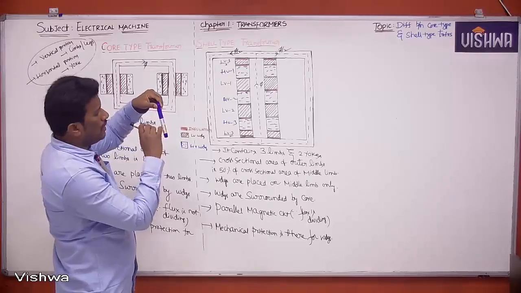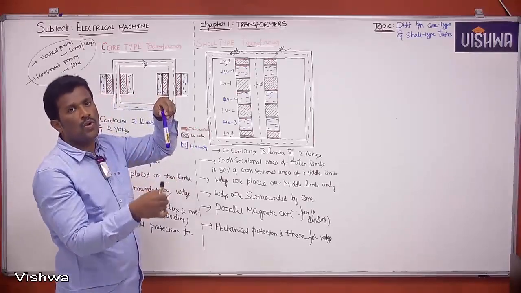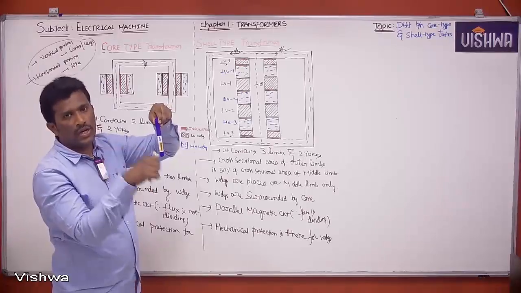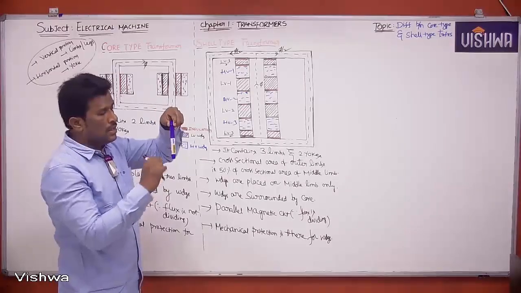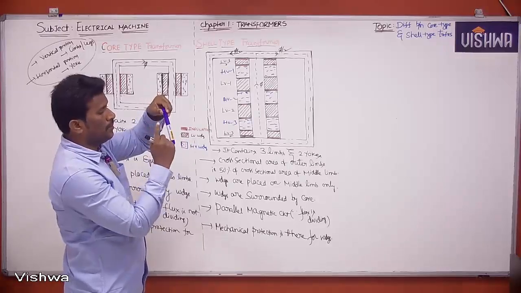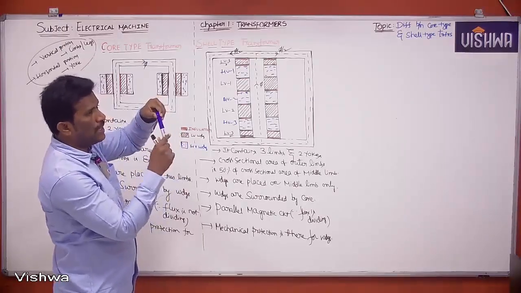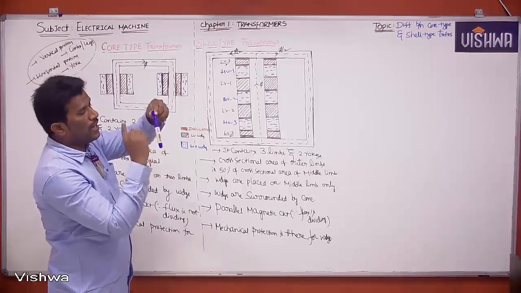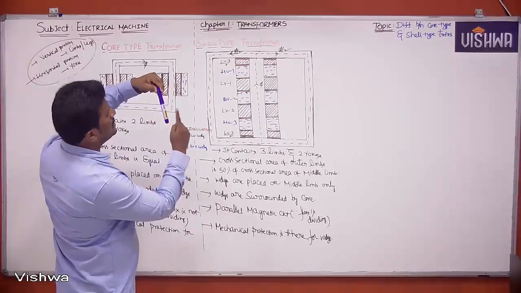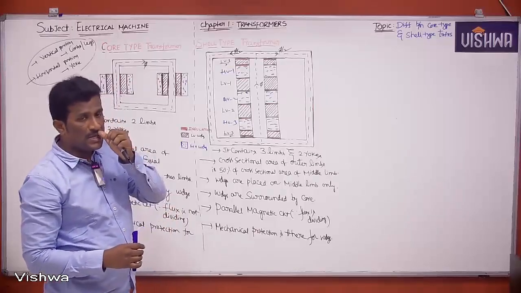Next, we'll provide a low voltage winding. Why we place low voltage winding only near the core, we'll discuss anyway. First insulation, next low voltage winding, next insulation, next high voltage winding. Like that we are providing. This winding procedure can be called concentric winding procedure.